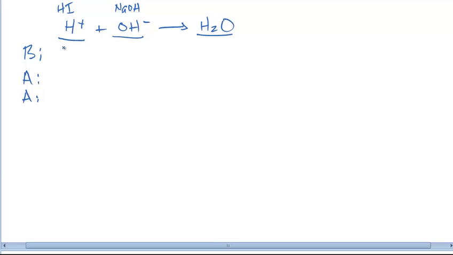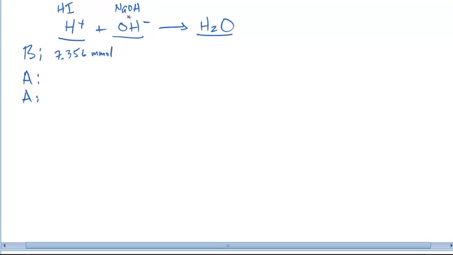Because these numbers are small, I'm going to use millimoles. When you do the multiplication, you get 7.356 millimoles. So that's how much acid is sitting there in the beaker.